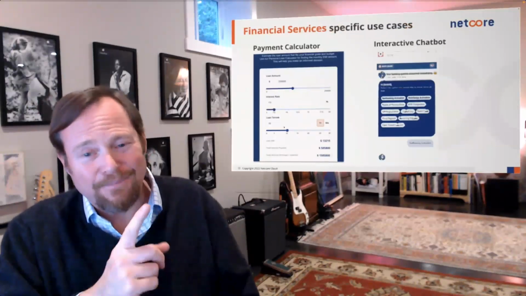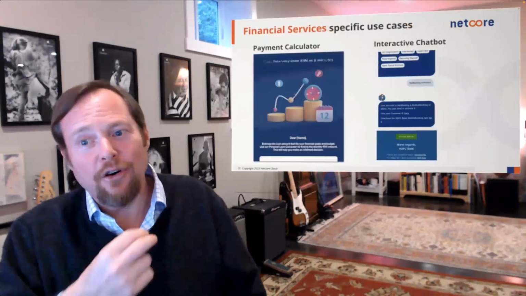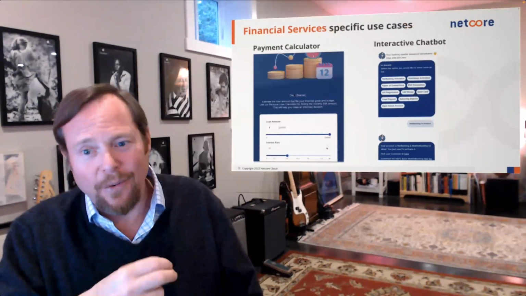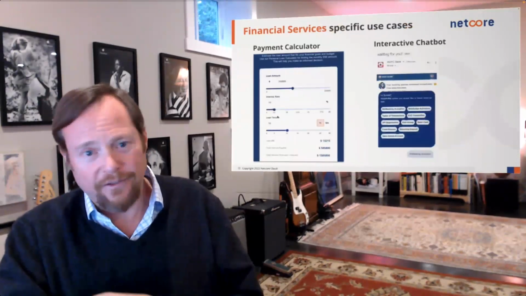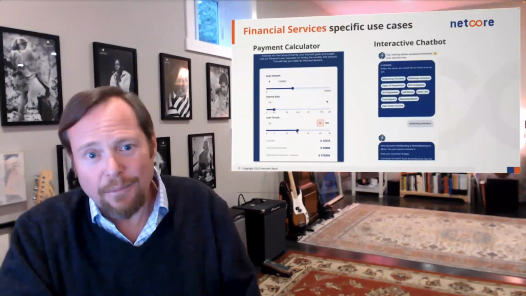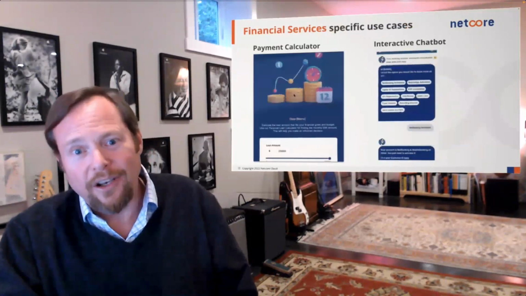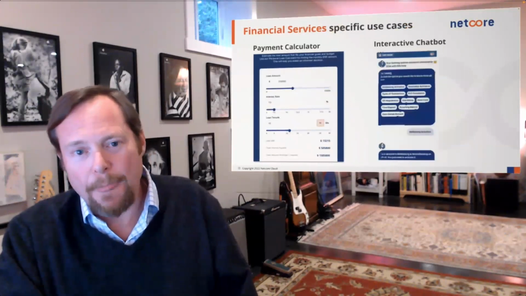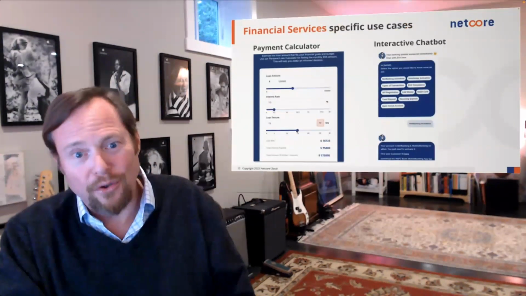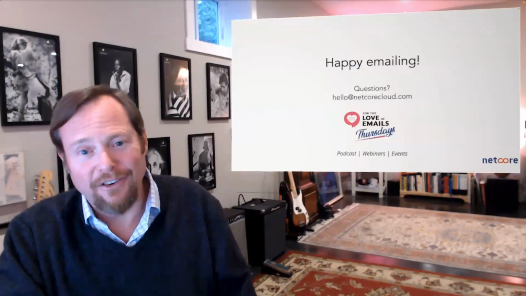Financial services, great use cases, calculators, interactive chatbots. I mentioned we can enable two-way communications in the message itself for high consideration purchases, financial services, areas where we're looking to engage with customers in a dialogue, providing them tools and ultimately two-way communication in the message.